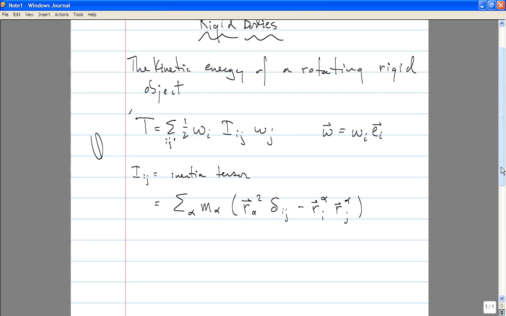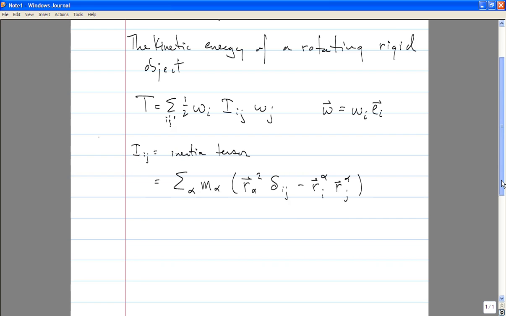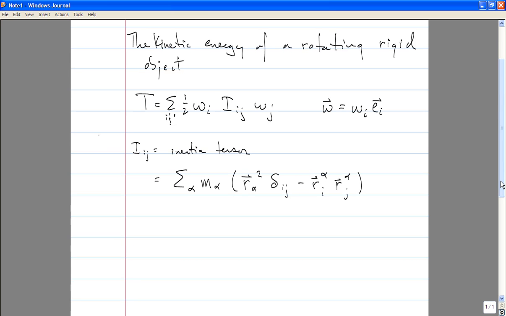So now, given this formula for the kinetic energy of a rotating object, we can now ask how one would describe the dynamics of some rigid body which is moving freely in space. So let's consider the dynamics of a free, which is to say not subject to any external forces, rigid body.